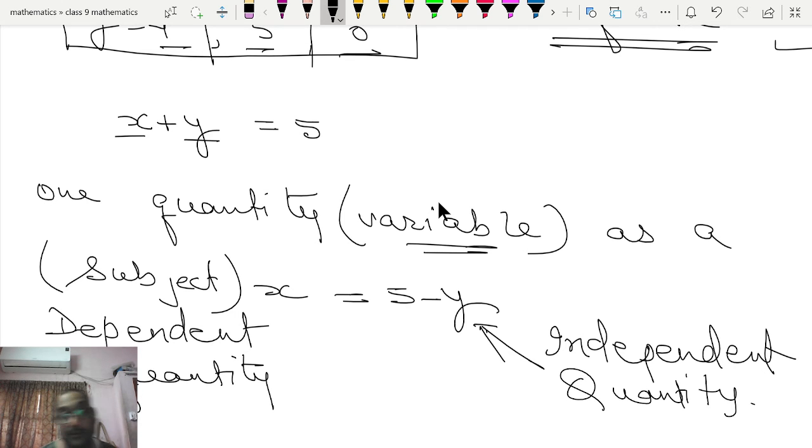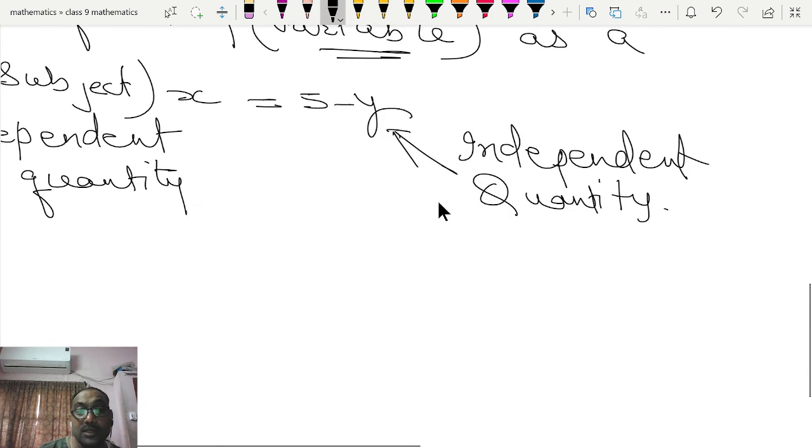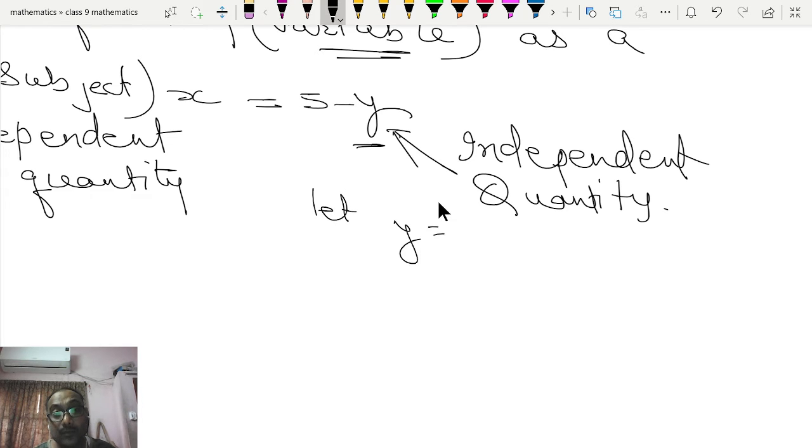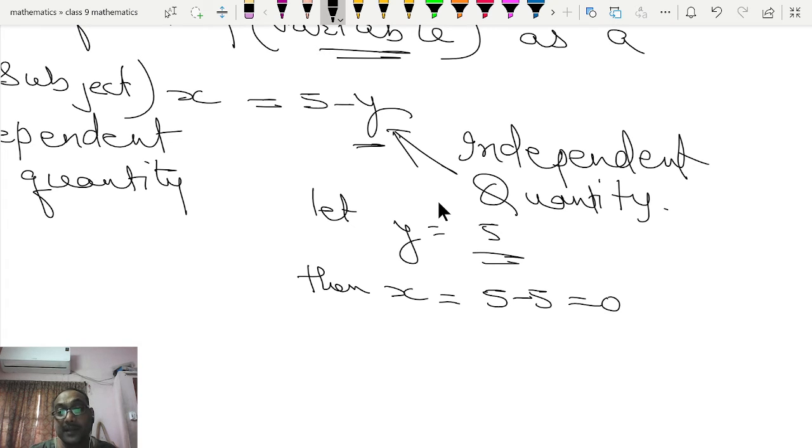Why is it so? Because if you select y, let y is equal to 5, then x is equal to 5 minus 5 is equal to 0. So here y is independent.